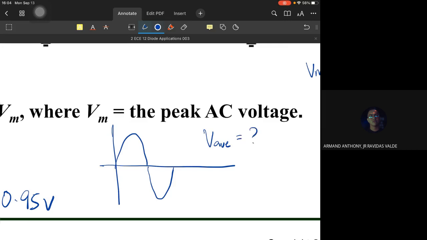When we say average, we add up all the values. How much do you think is the average voltage of a normal sinusoidal signal? Meaning, add up everything.